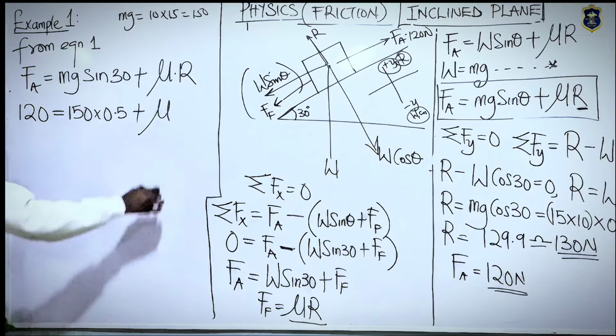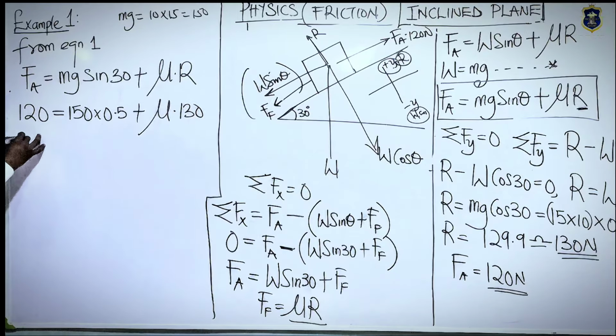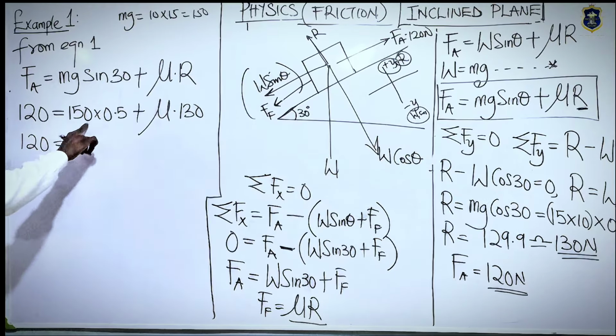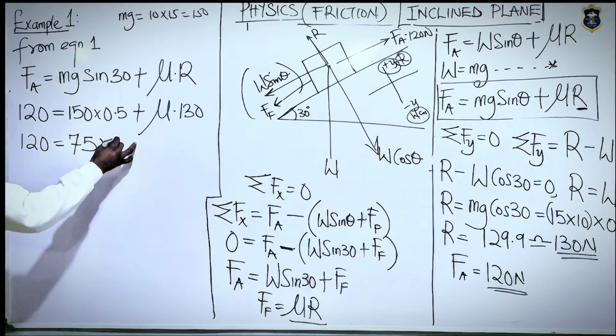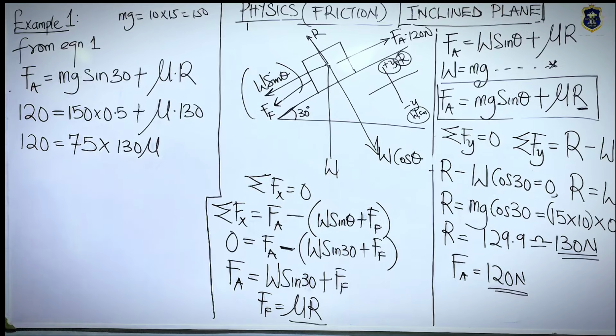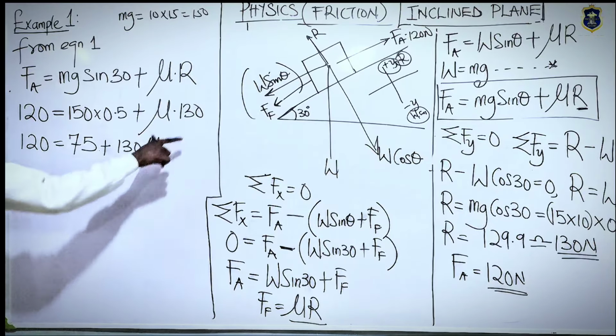R there is 130. So if we arrange, it's going to look like this. 120 is equal to 150 times 0.5, that's 75, my sincere apologies on that. So we have 75 plus 130 mu.